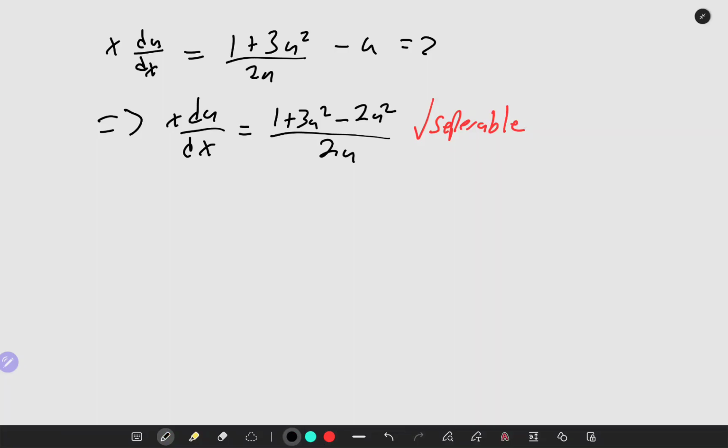So now we'll be left with 2u over (1 plus 3u squared minus 2u squared) times du is equal to 1 over x dx.